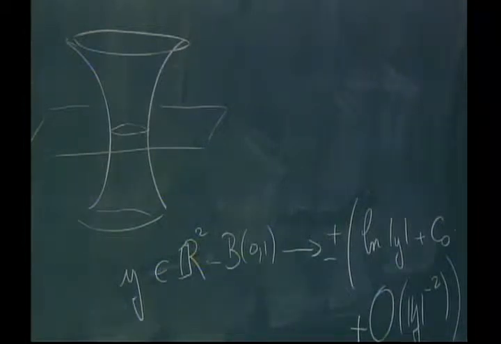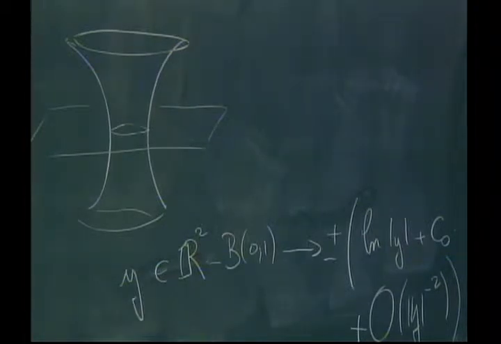Now, what you can do is rescale this catenoid by a factor eta. Take eta to be positive and small, and define x equals eta times y. Then the rescaled catenoid will have two parts like this, and it will be a bigraph.